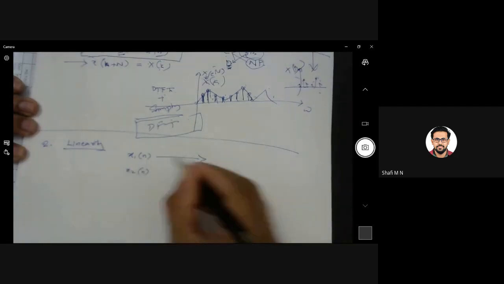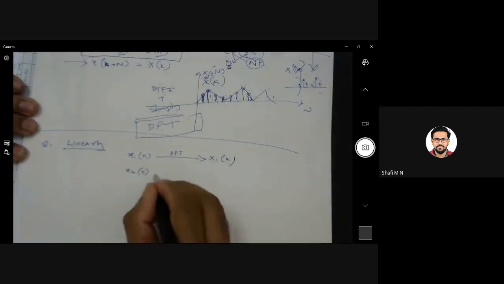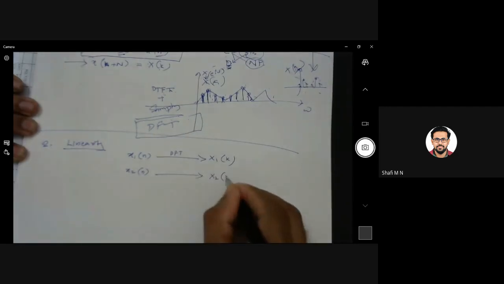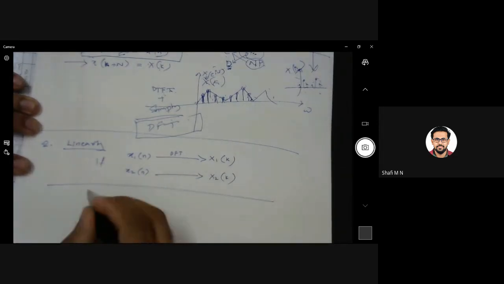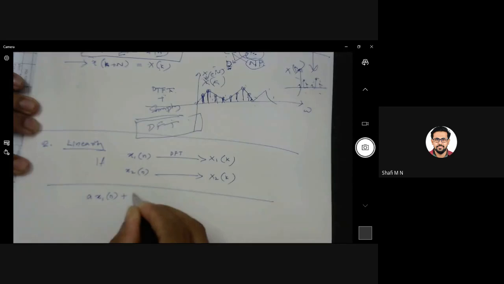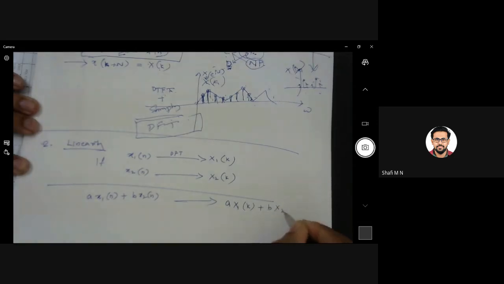If the DFT of x1 of n you call x1 of k, and the DFT of x2 of n you call x2 of k, then according to the linearity property, the DFT of a into x1 of n plus b into x2 of n will be a into x1 of k plus b into x2 of k. So this is what the linearity property states.